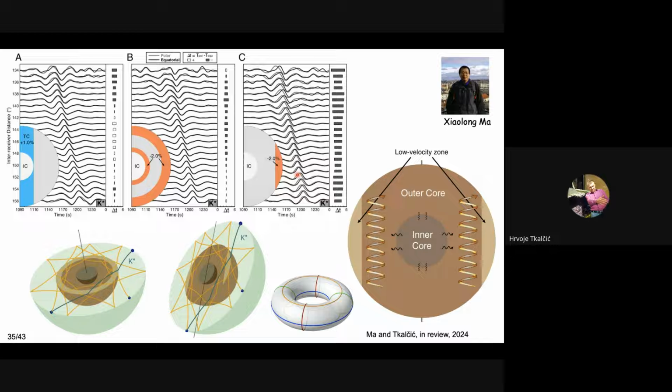We don't know what it is yet, but I would say this is a first order seismological observation, which is equivalent to our observations of the first order discontinuities, for example, or when the inner core anisotropy was first proposed back in 1986. This is exactly the same order of how many seconds you get in terms of the difference between polar and equatorial paths.